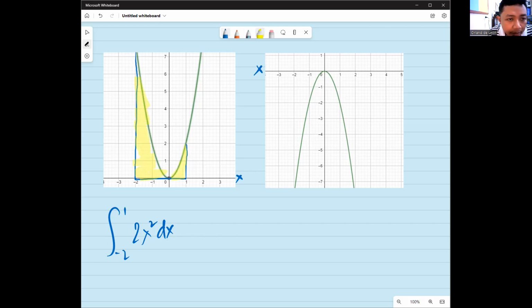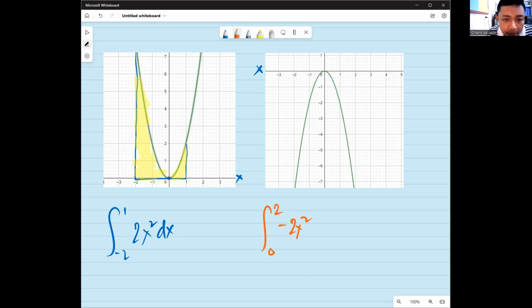Okay? What about here? If in this example, our definite integral is the definite integral of -2x squared. It's negative kasi it's facing downwards. From 0 to 2, for example.